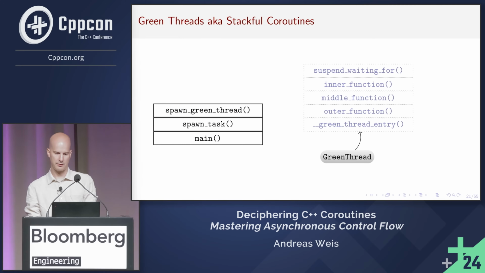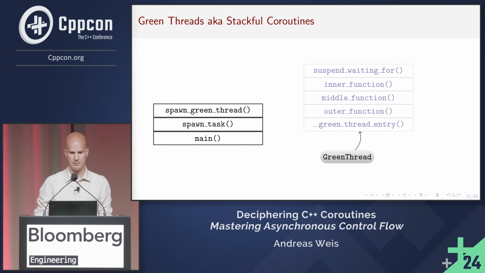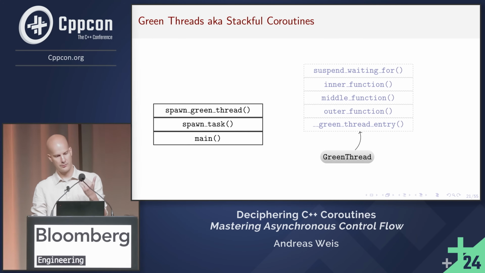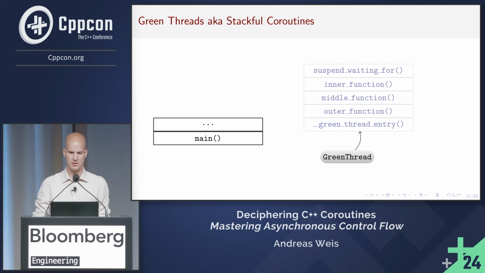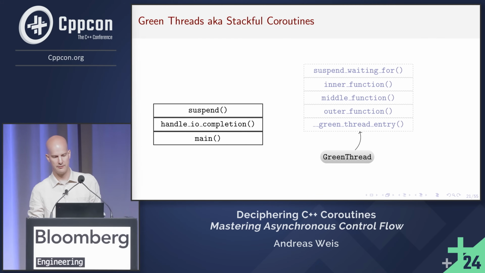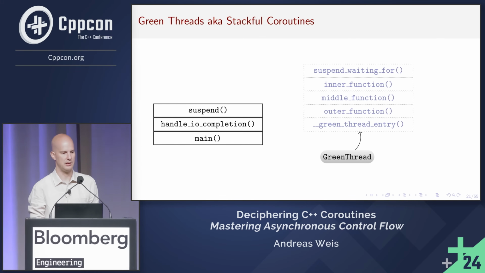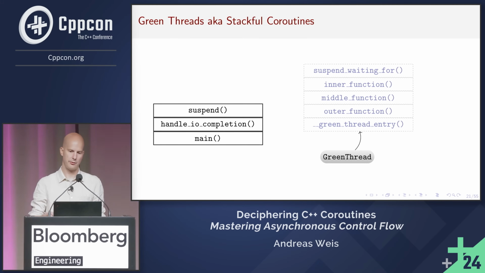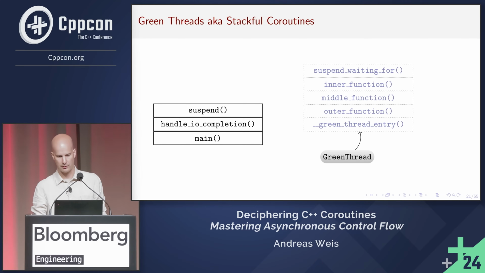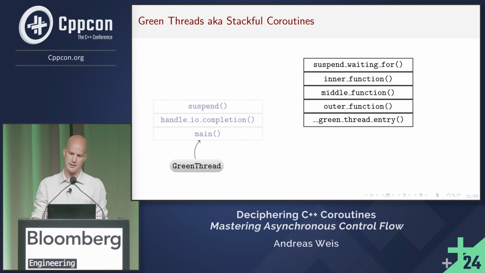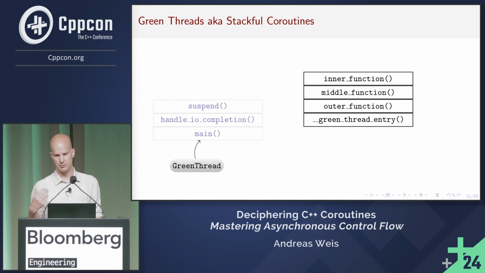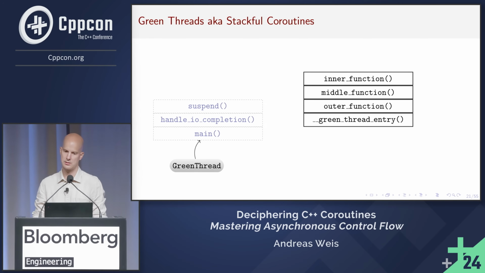At this point, the control will again switch back to the main function. The spawn task function will then return. Main can do useful stuff in the meantime. And eventually, when the I/O result becomes available through some handle to the green thread, the control is again switched over, and now the function can continue computing the task.